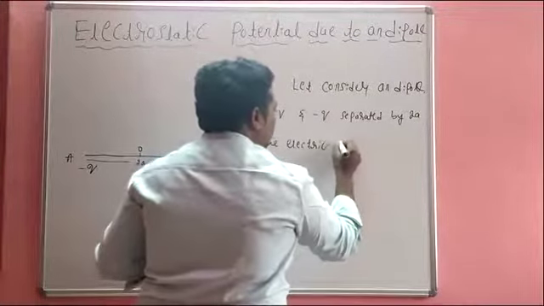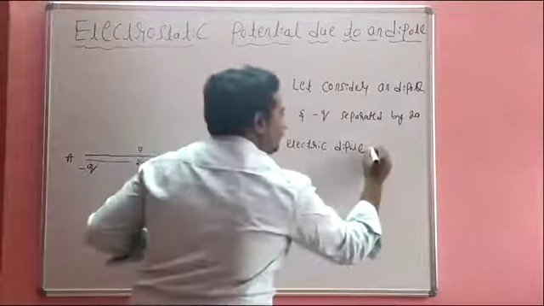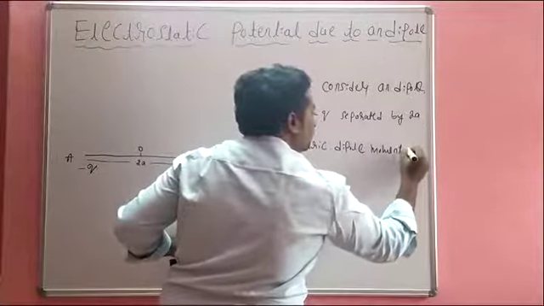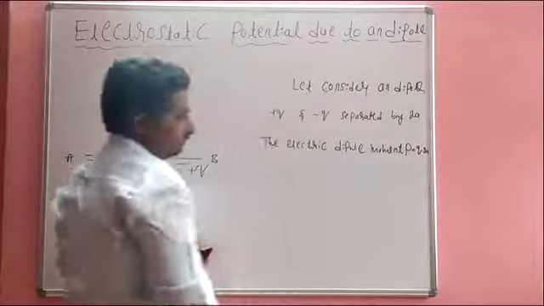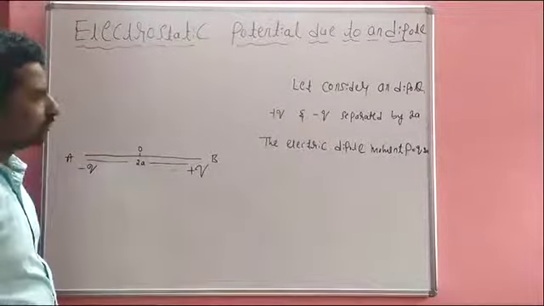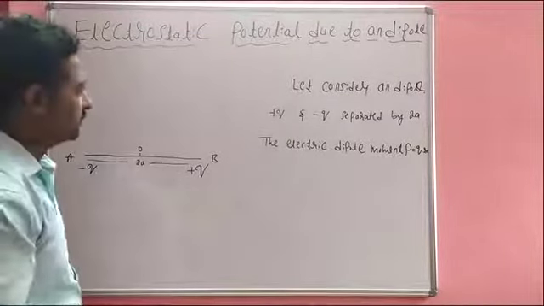The electric dipole moment P is equal to Q into 2a, where Q is the magnitude of the charge and 2a is the separation between the two charges.